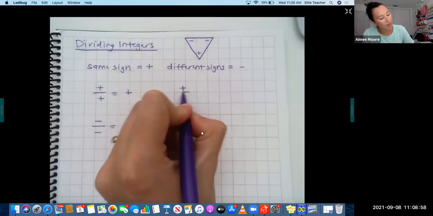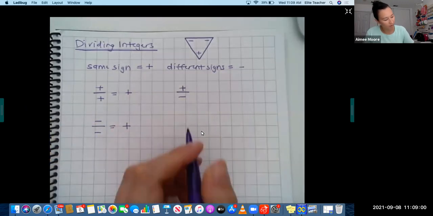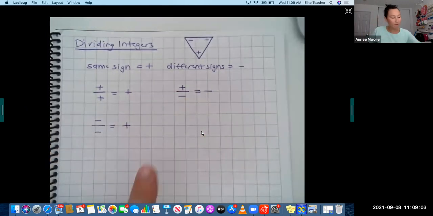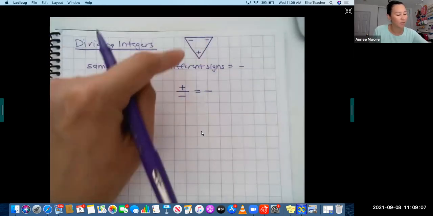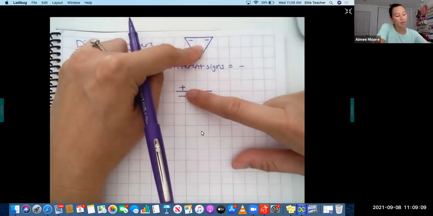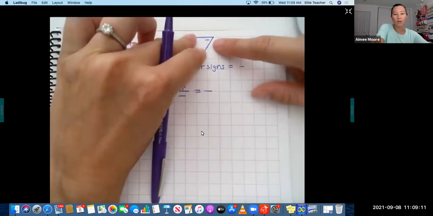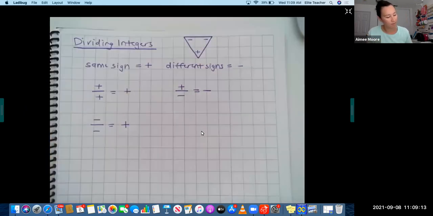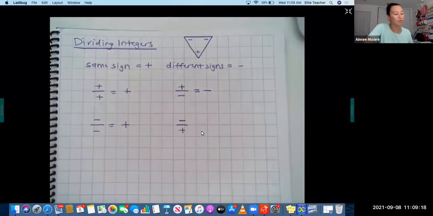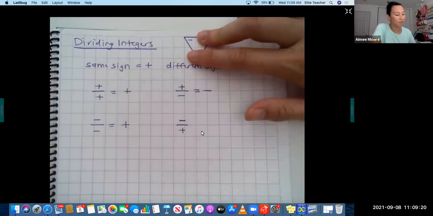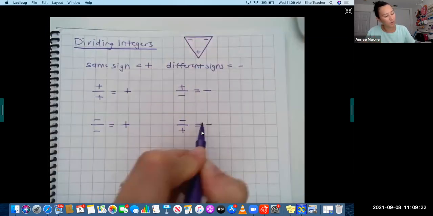So again, a positive divided by a negative equals a negative, and you can always draw this triangle and use it too. So positive, you just cover it. The positive divided by a negative tells you your answer is going to be negative. And then a negative divided by a positive tells us our answer is going to be negative.